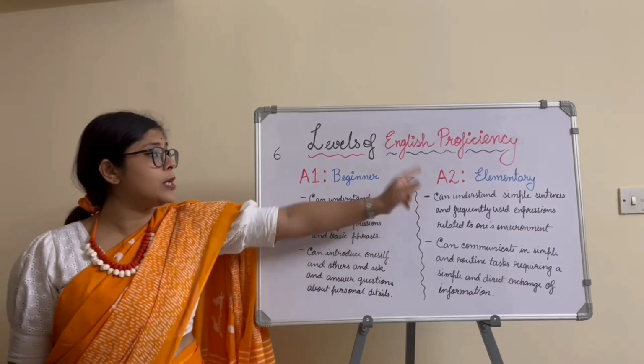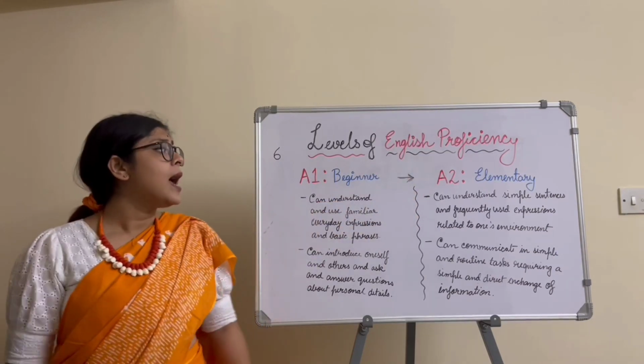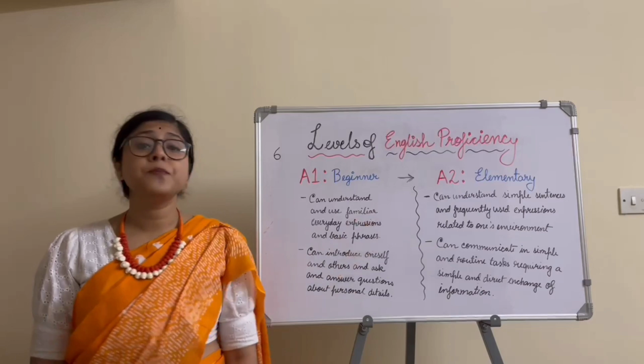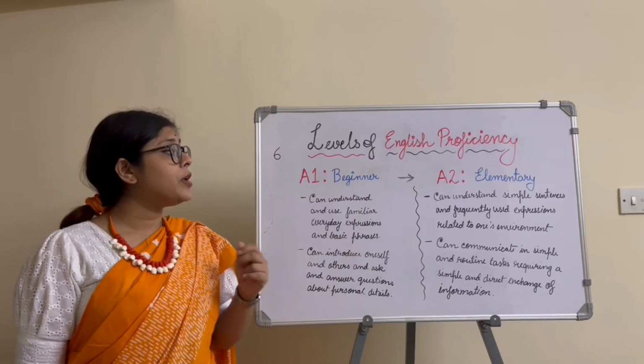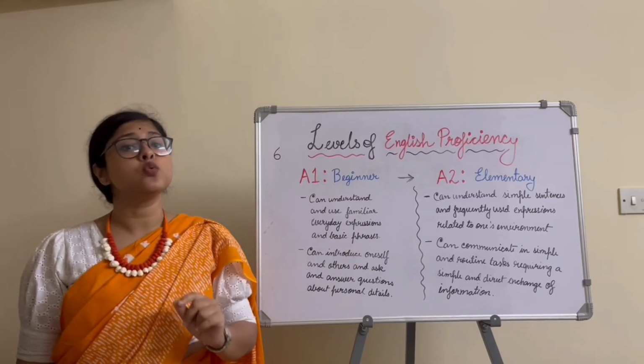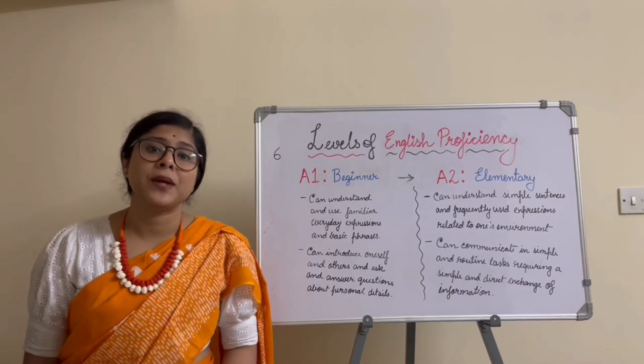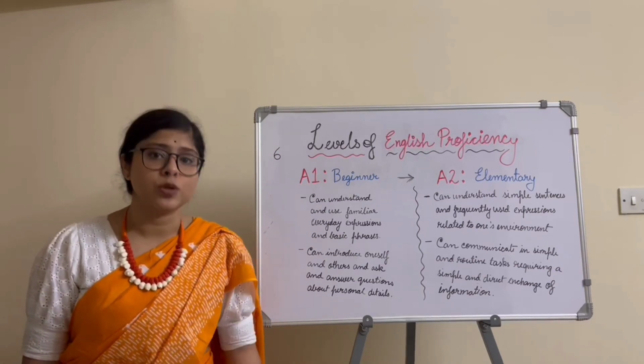Then comes the A2 level, which is elementary, which means that you can understand simple sentences and frequently used expressions related to your environment. What does that mean? For example, you are a student.